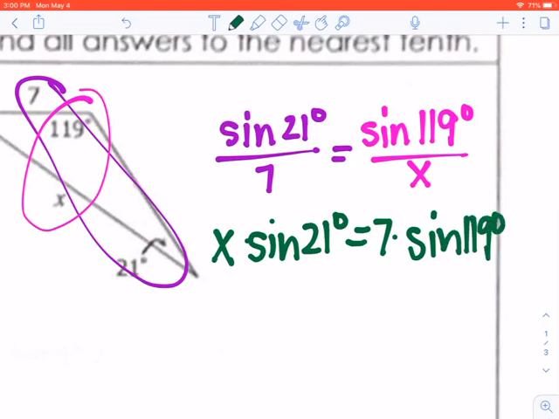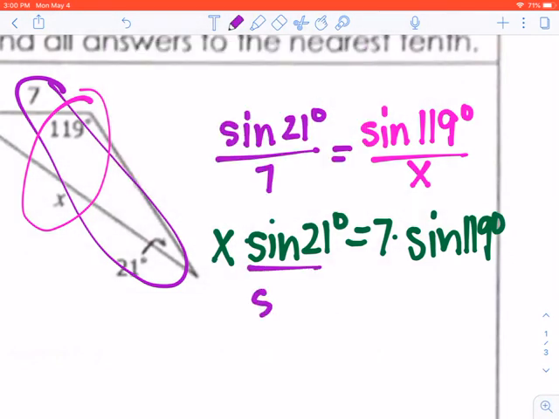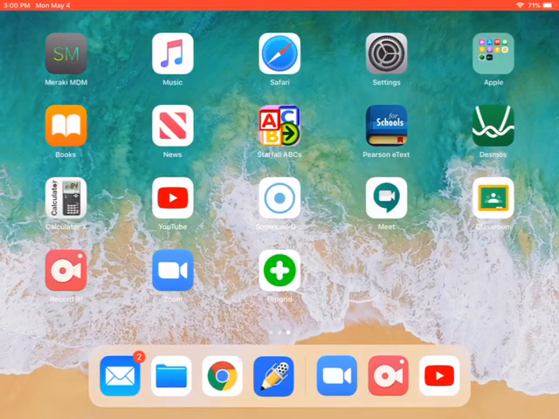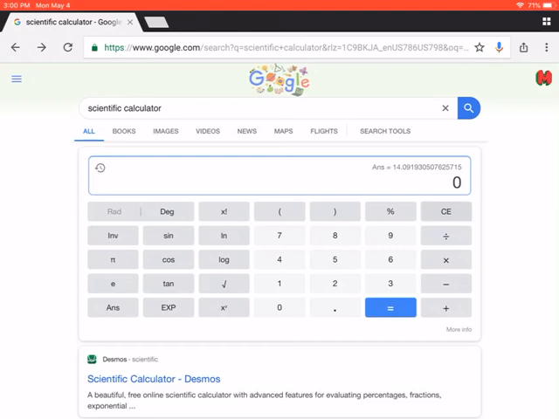And to solve for x, we can divide by sine 21 degrees. And so in your calculator, again, you're going to take 7 times sine 119, and then you'll divide it by sine 21. So I'll do that really quick. Okay, 7 times the sine of 119 degrees.